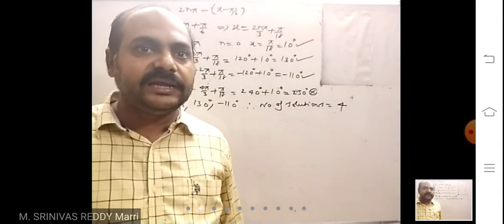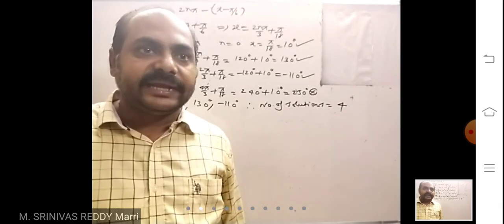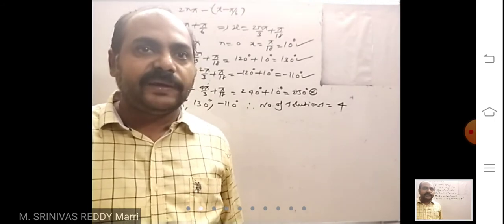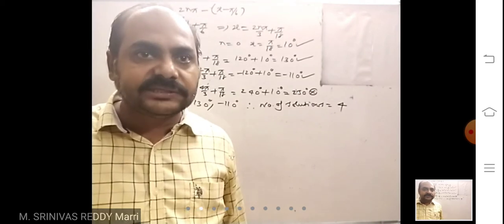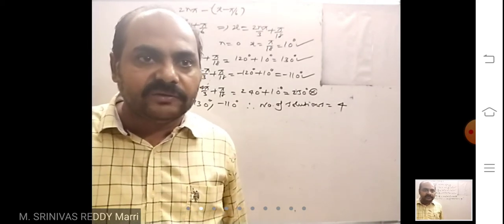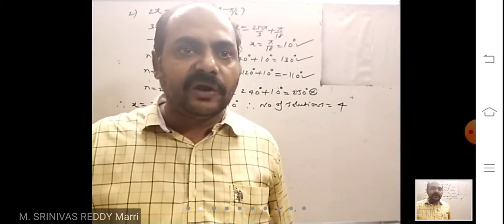Next, cos x, minus 1 less than or equal to cos x, less than or equal to 1. Next, cos square x, 0 less than or equal to cos square x, less than or equal to 1. It lies between 0 and 1.